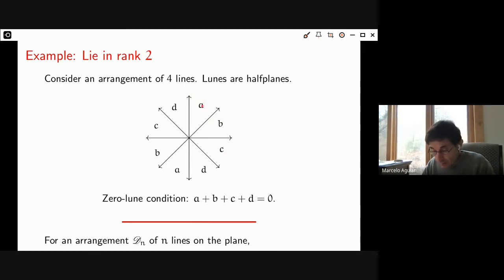So you put A, you put B, C. Once you put D, this D is determined because this sum has to be 0. And then if you move to the next coefficient, you see that because here you have another half plane, the sum of these 4 has to be 0. So you're forced to put in A again here, and then B, C, and D. So everything is determined. The only freedom that you have is for the choice of these first 3 coefficients.